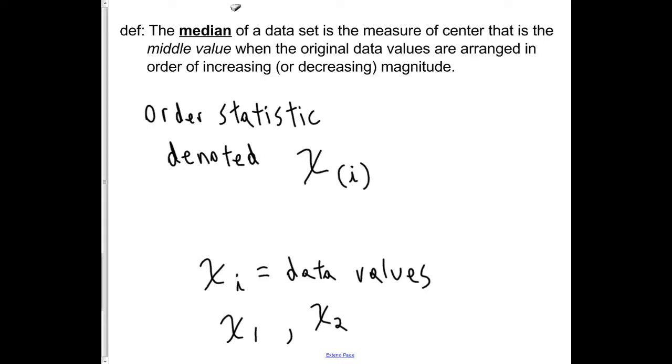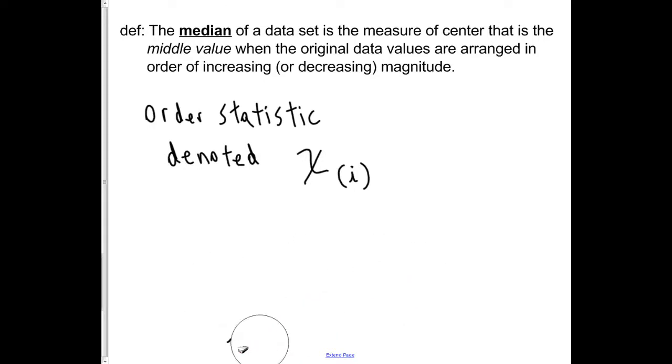But when you see an x with a number in parentheses as a subscript, that's how you know you're dealing with the order statistics for that data set. This is the new notation we're going to be using. Whenever you see parentheses around the subscript, that tells you that you're dealing with an order statistic from a data set in which the original data values have already been rearranged in increasing order.